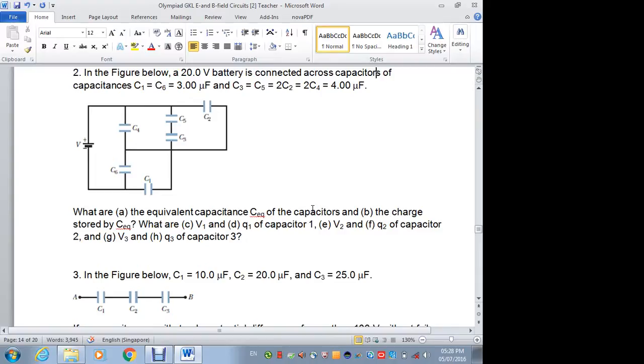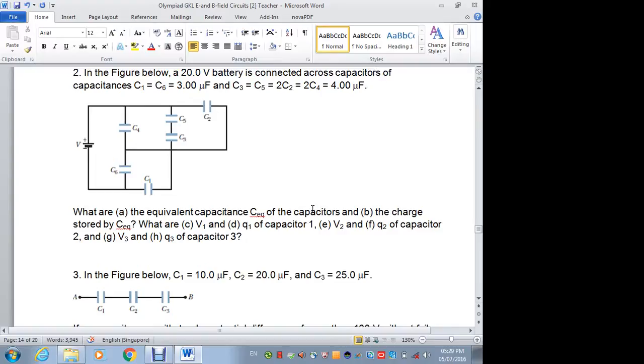C6, C1 will be in parallel, right? So this will join up like this. Right. It doesn't matter whether you put C1 here or here. Doesn't matter. It just tricks the eye only, right? Then after that, it will be in series with C4, C5, C3, and C2, right?